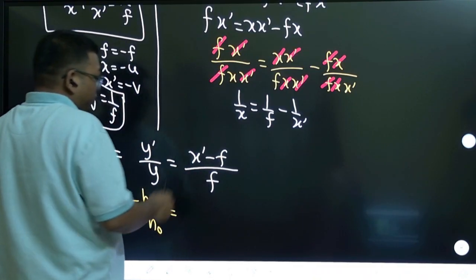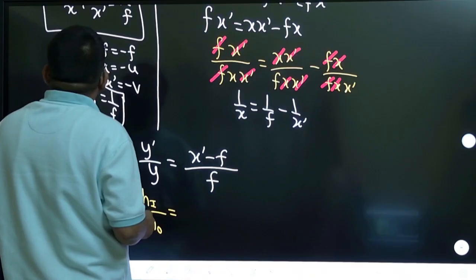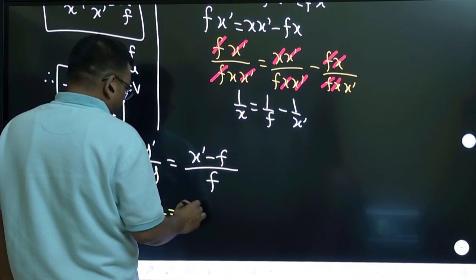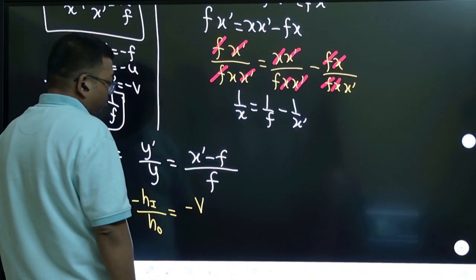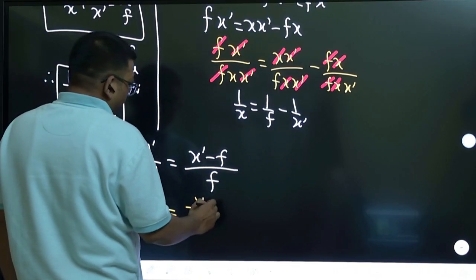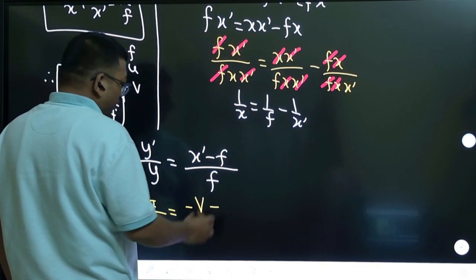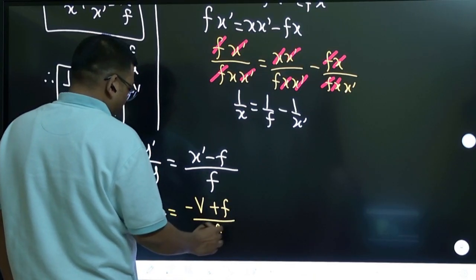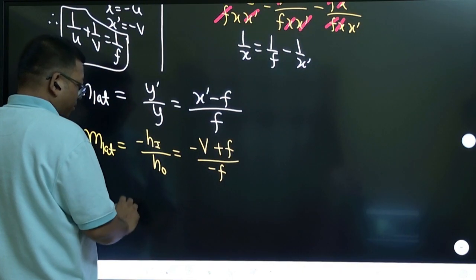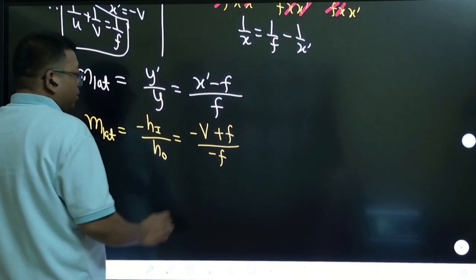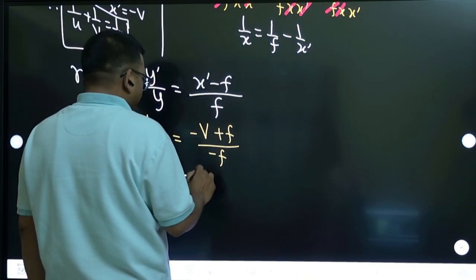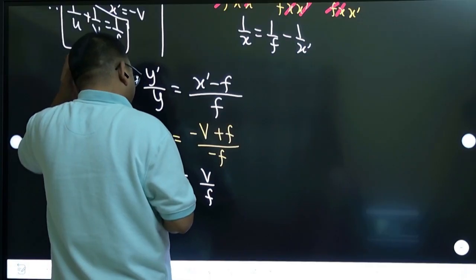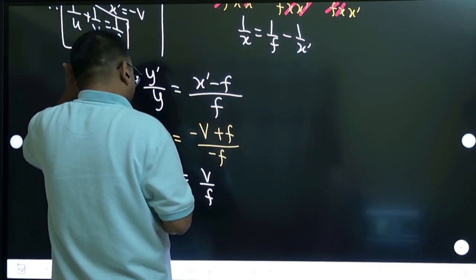Now if I substitute x dash, what is x dash? It is the image distance, that is minus v. And f is the focal length, which is minus of minus f, so it becomes plus f, and this becomes minus f. So now you can write this as v by f minus 1.